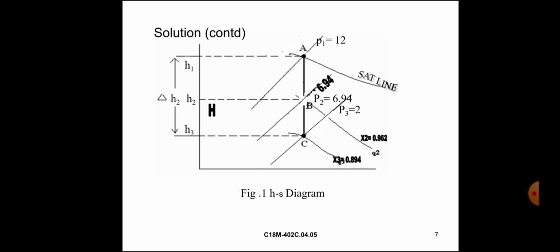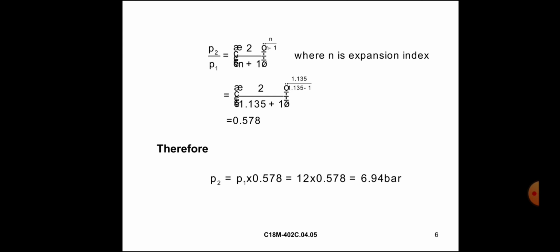With n value 1.135, on substituting, the critical pressure ratio is 0.578. Therefore P2 is equal to P1 into 0.578, equal to 12 into 0.578, equal to 6.94 bar.